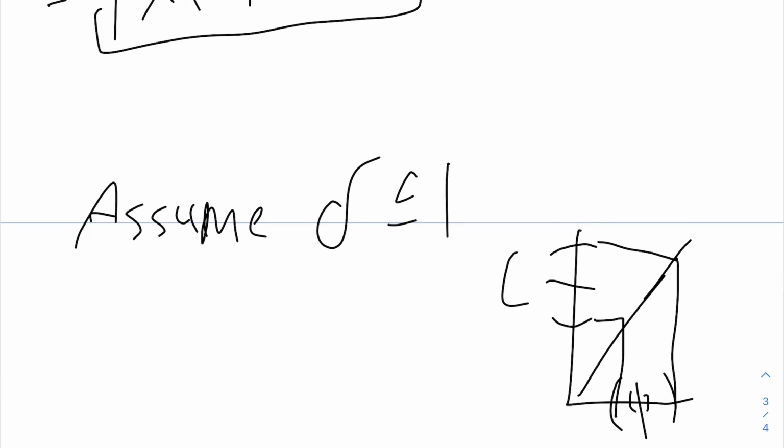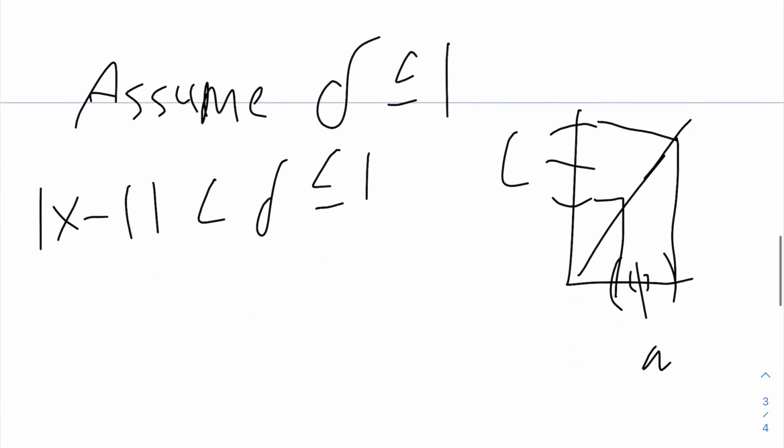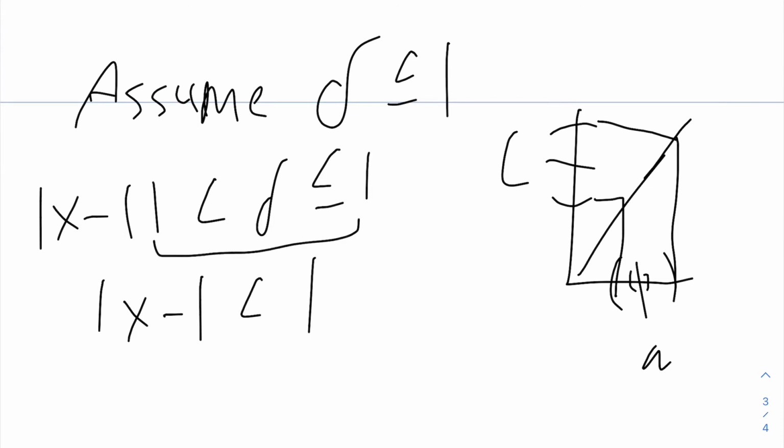So then we can say that delta, which is less than or equal to 1, is greater than x minus 1, right? And then we can say that x minus 1 is less than 1, just contracting this over here.